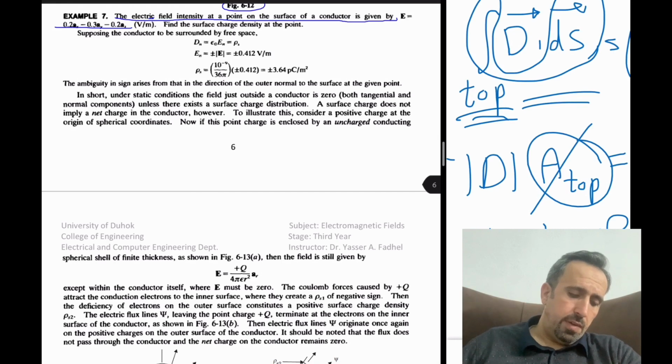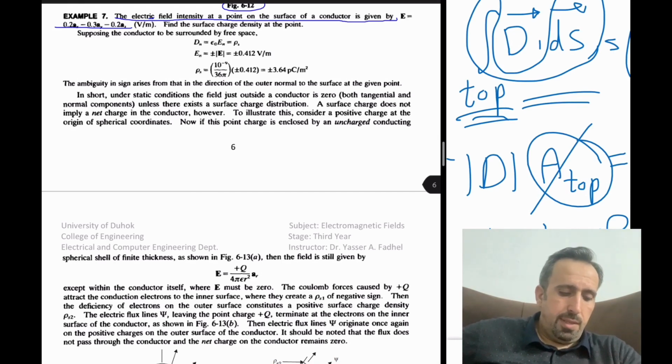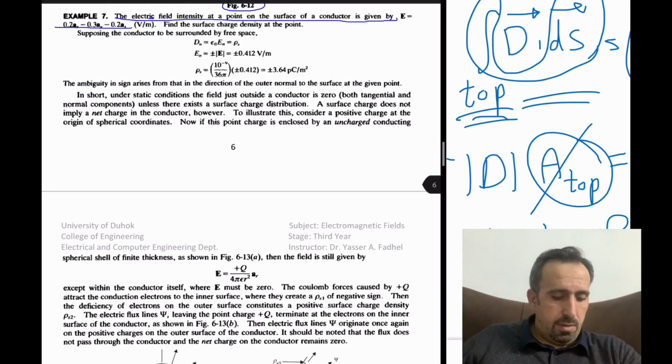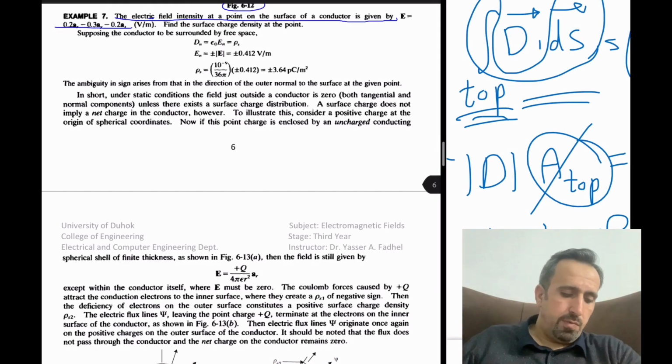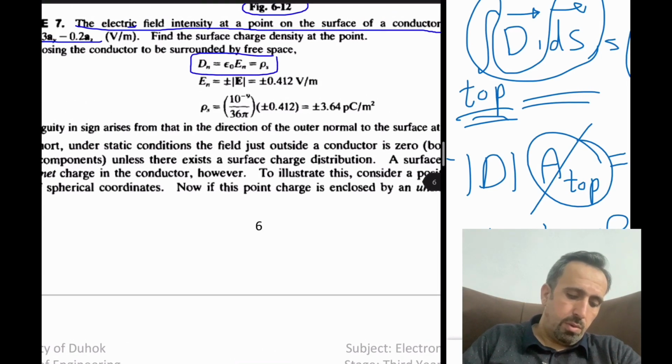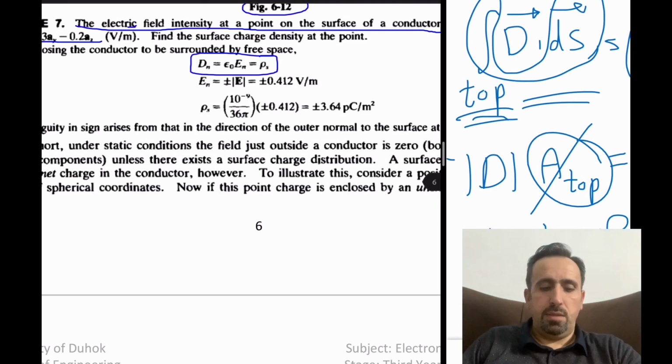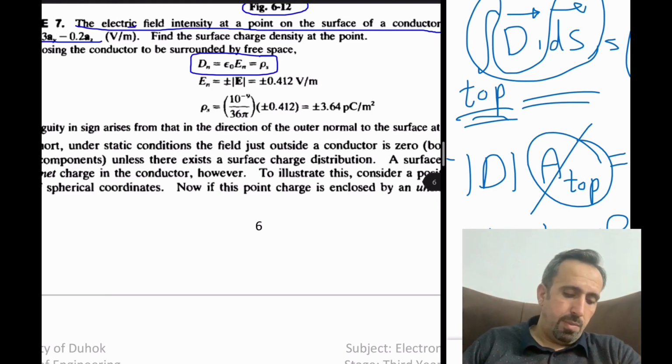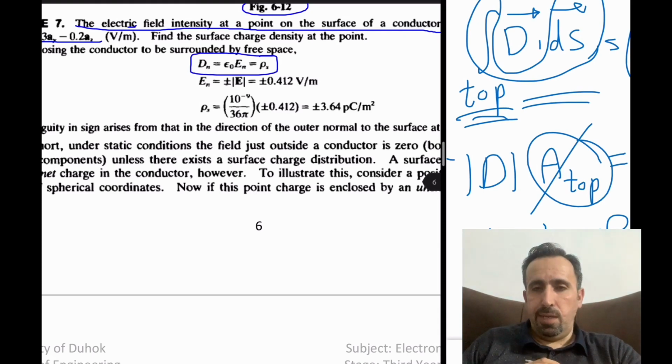And sure, if he asked about the amount of charge density, we know that we have just derived this formula to be D normal equal to rho S. But don't forget, you are not given D, you are given, in this example, electric field.